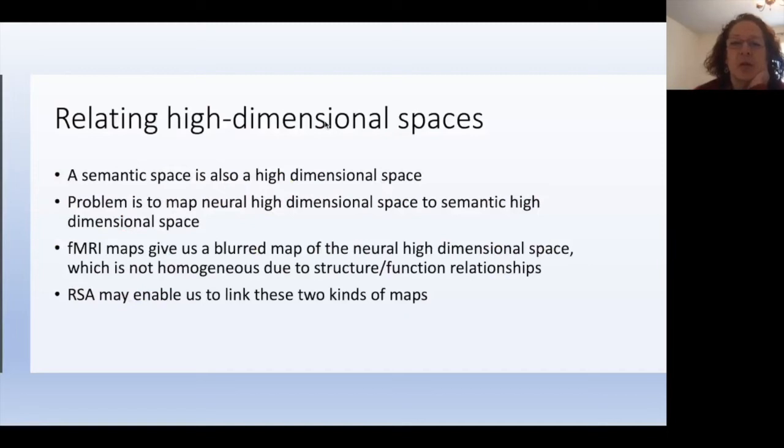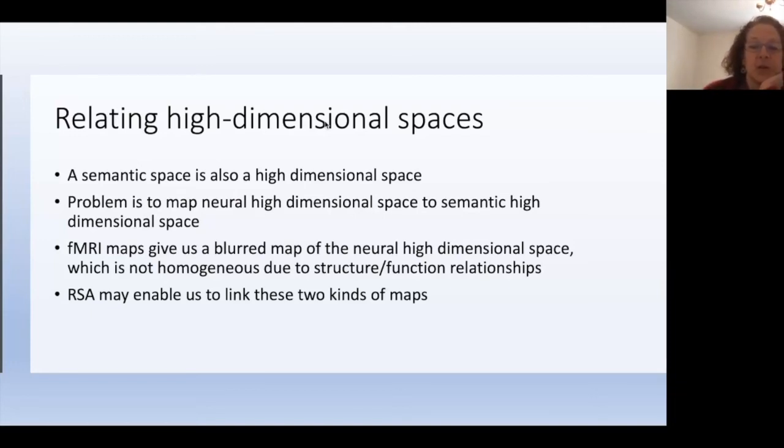And so one way you can think of the problem of understanding representation is to try to understand the structure of a semantic space, and to see whether you can map that semantic space into the representational geometry of activity in a cortical space.